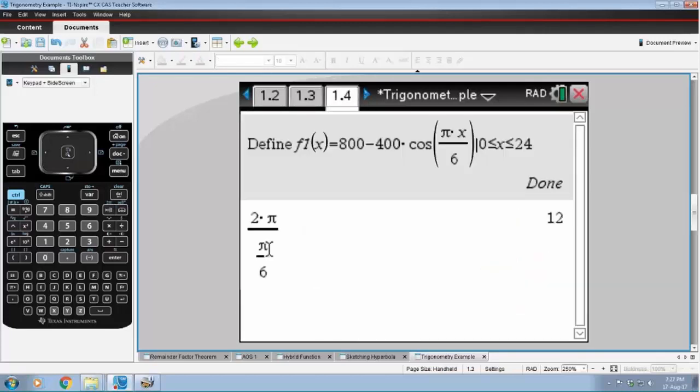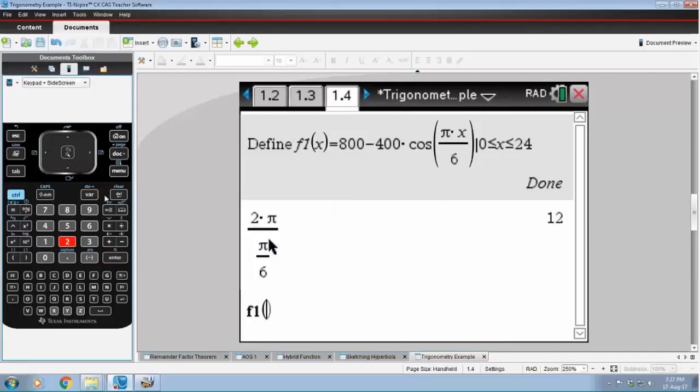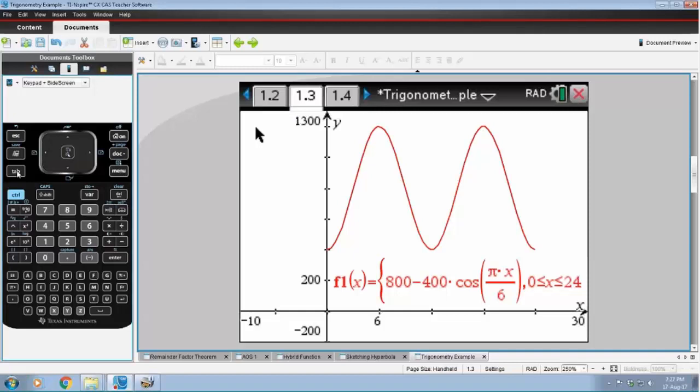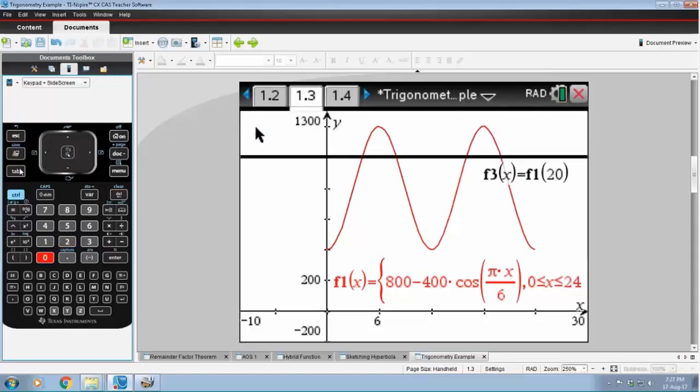So on the calculator page, N of 20 just means we have to evaluate the function f1 at 20. So that's 1,000. Okay, so come back to the graphs page and let's type in 1,000 there, or I could type in f1 of 20. It doesn't matter because it's the same value.